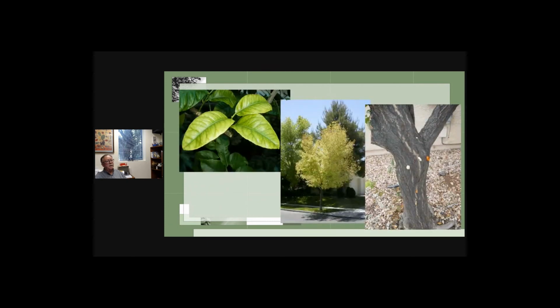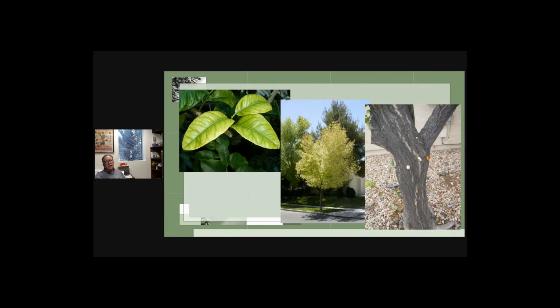So we have some examples here on the left. This is an example of chlorosis where the foliage is yellowed. This is typically the result of a nutrient condition or deficiency. Often occurs in new growth, as depicted in the ash tree in the center.